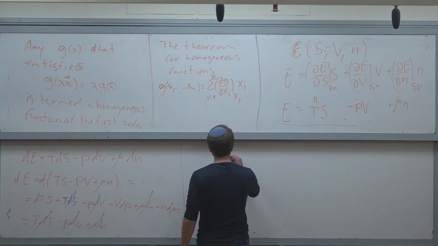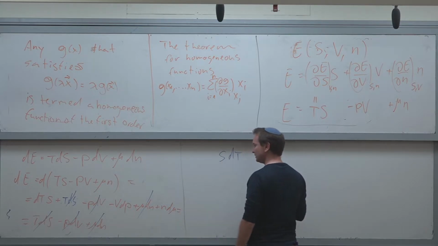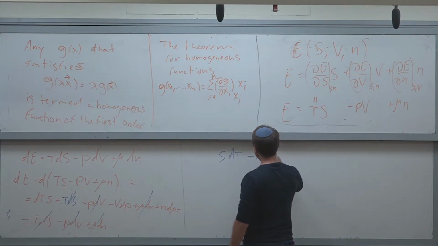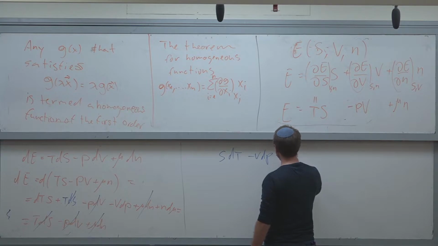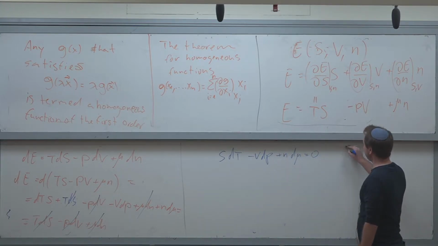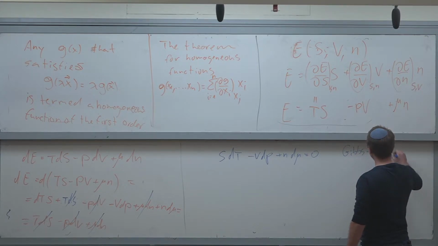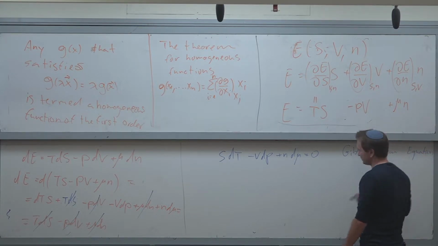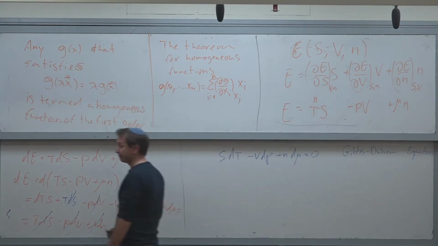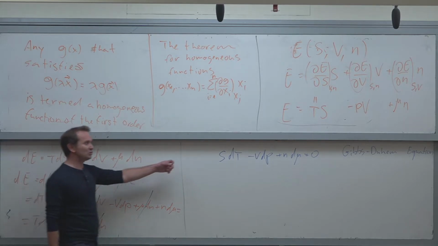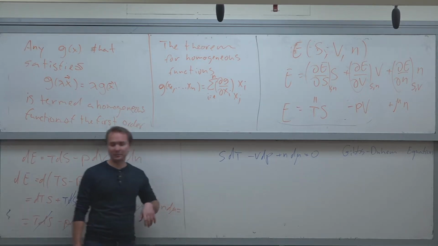So we have S dT minus V dP plus N d mu equals 0. This equation has a name: the Gibbs-Duhem equation. And this equation is actually important. We're going to use it.